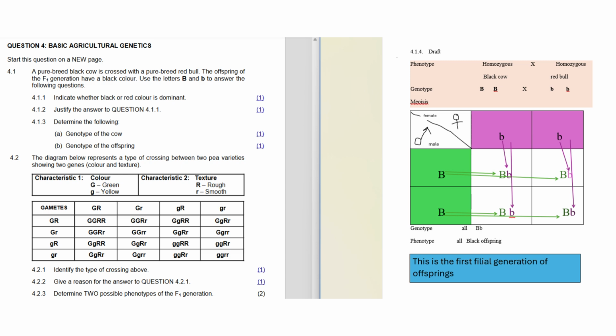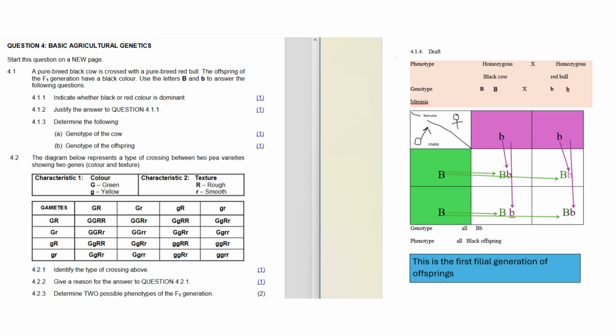A purebred means homozygous, two alleles are identical. That means this red bull is masked by the black color. That means this bull is recessive. So if it has a recessive allele, both alleles for the red color must be recessive, so it has two small letter b's.